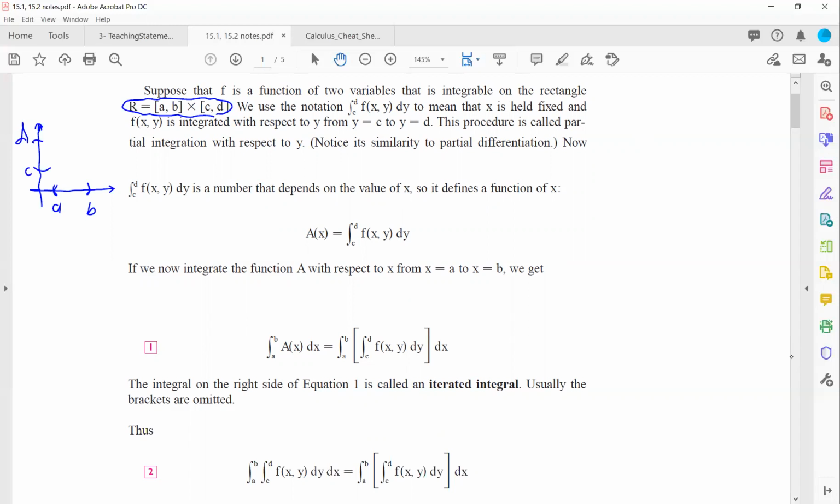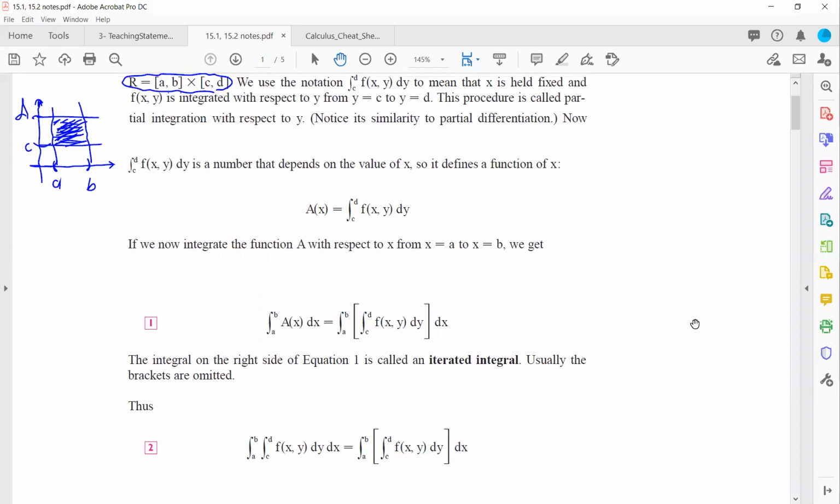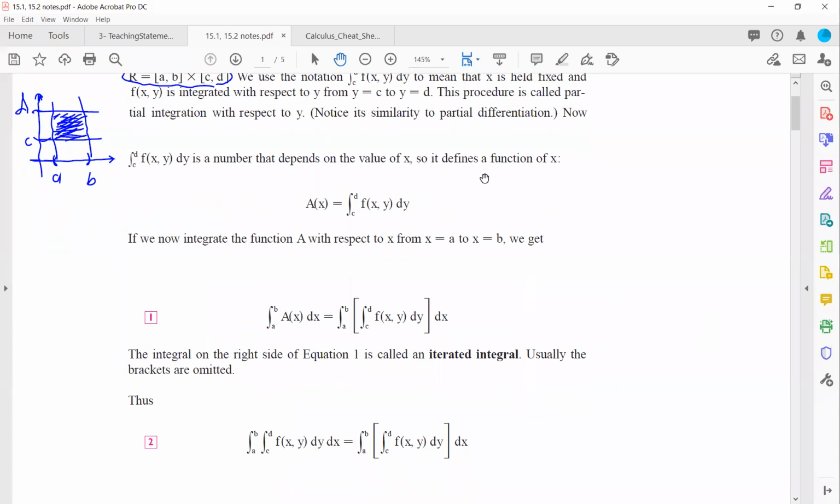The intersection between these two forms a two-dimensional object or just a plane, and your goal is to find the integral over this two-dimensional plane. We have iterated integrals in chapter 15. Later on, you learn how to take the integral when you're working with volume.